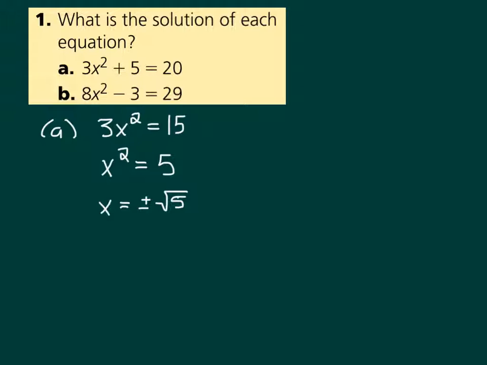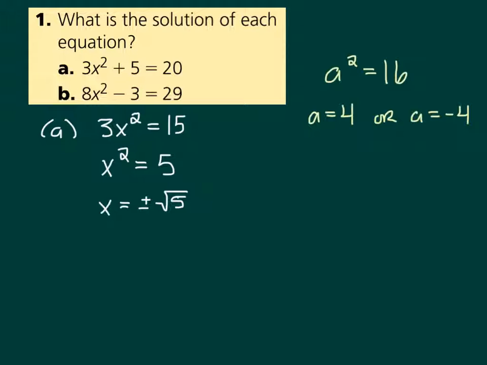Because if I know that x squared is 5, I'm not sure if it means the positive square root of 5 or the negative square root of 5, which we had mentioned before. If I tell you that a squared is 16, a could be 4 because 4 squared is 16, or a could be negative 4 because negative 4 squared is positive 16.